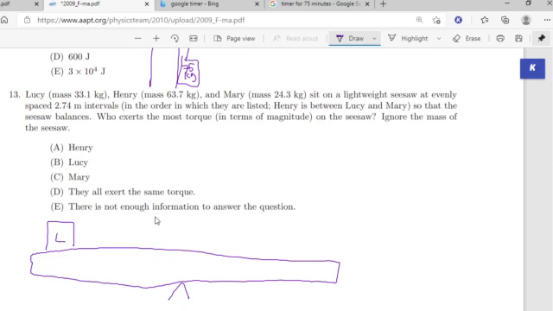Okay, so actually Henry would have to be here so that the torques balance, and Mary is here.